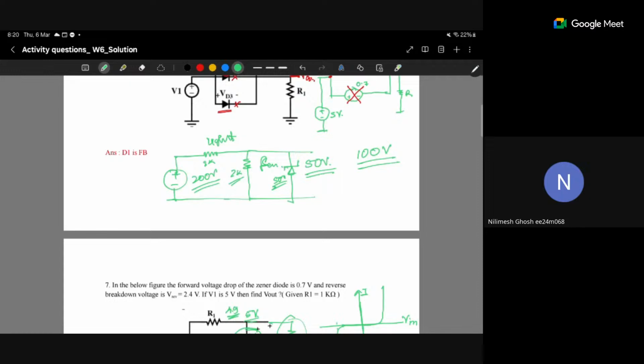Now if, in the same scenario, 200 volt is not given, let's say some 100 volt is provided to your home. Is there any requirement of the Zener diode? No, sir. No requirement of Zener diode. Let's say we further reduce it to 80 volt.